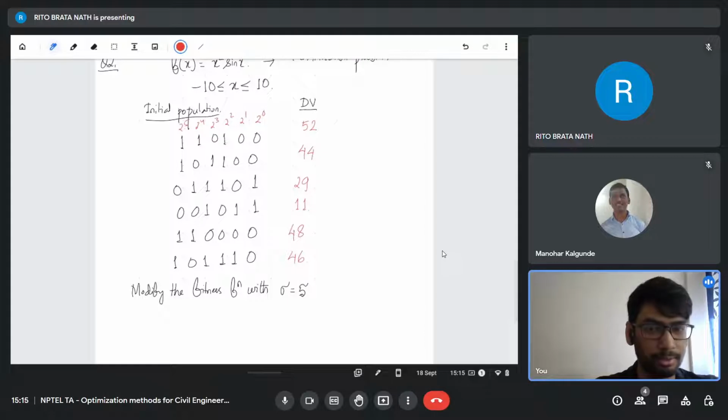I think you have understood how to do this, so I'm not explaining further on this. So let's try and convert it into the corresponding x values. Remember, we have these x variables to be defined between minus 10 to 10. And now this decoded value is beyond this range. It's not lying between minus 10 to 10.